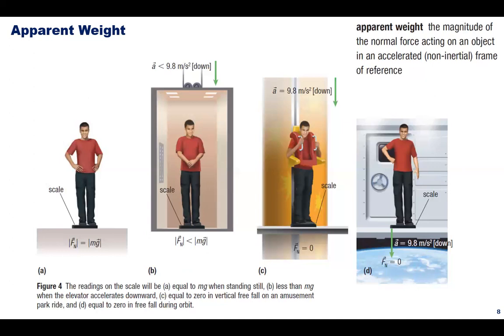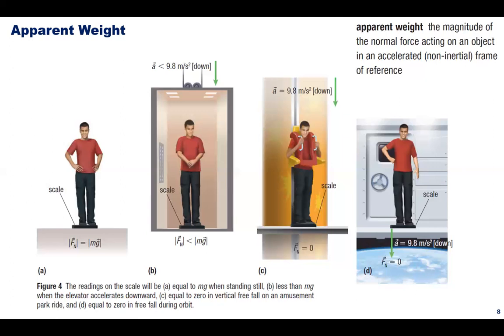As with the bus at the beginning of this lecture, the elevator can be an inertial frame of reference when it has a constant velocity going up or down, or when it's at rest, right?